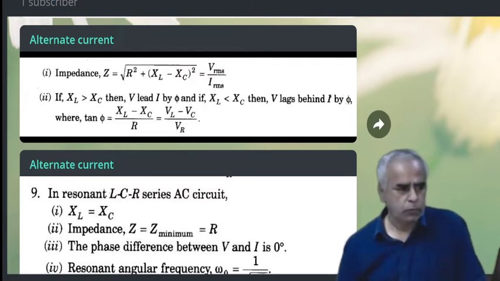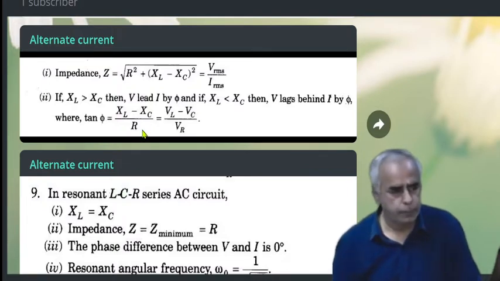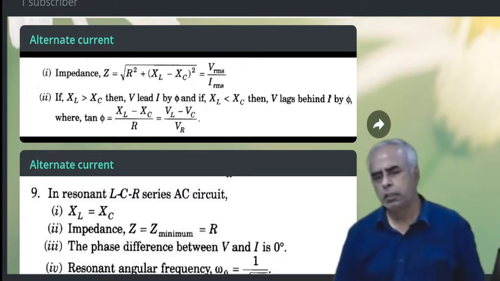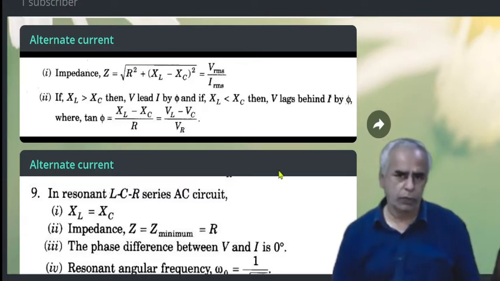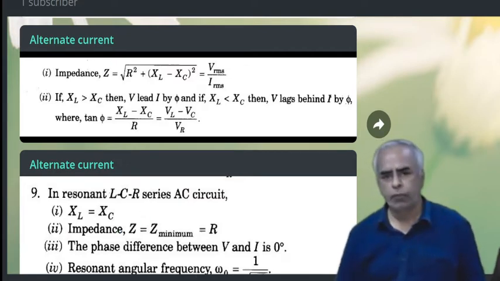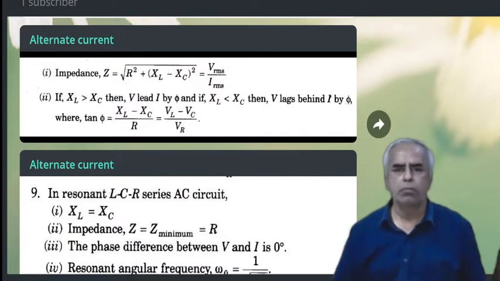Inductance. What is the unit for L? Henry. And what is C? Capacitance. What is the unit for C? Farad. Okay, right.